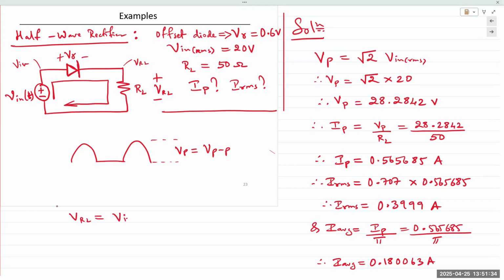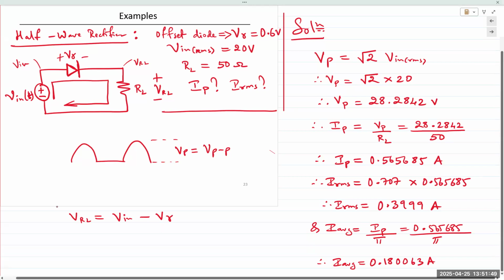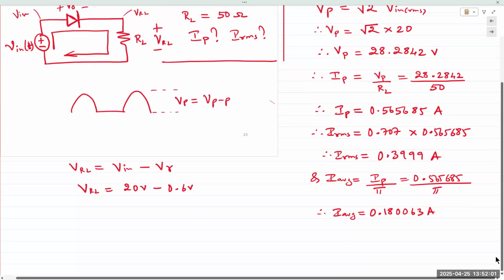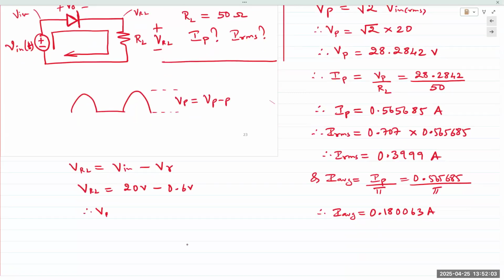VRL would be V in minus V gamma. Since we are already given the RMS value, we can just directly use that. So it'll be 20 volts minus 0.6 volts. So now VRL is 19.4.